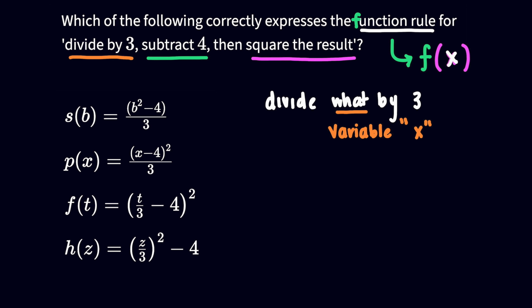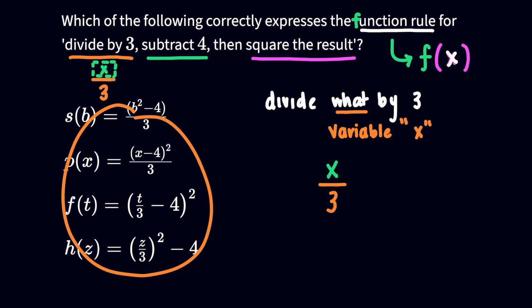It did say divide first, divide by 3, so numerator divided by the denominator. The 3 came after the word divide, so the 3 has to be on the bottom. That tells you who is supposed to be on the top, and it's the variable, x. So for our case, we have x divided by 3.